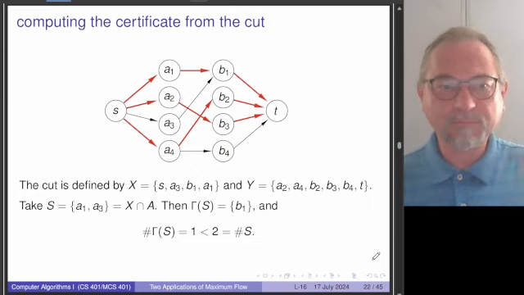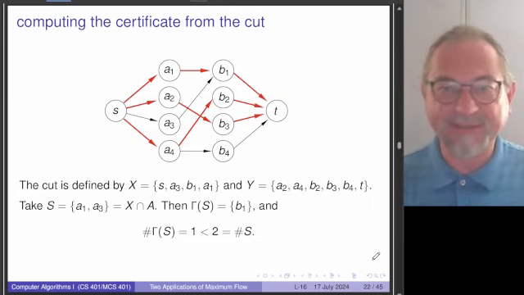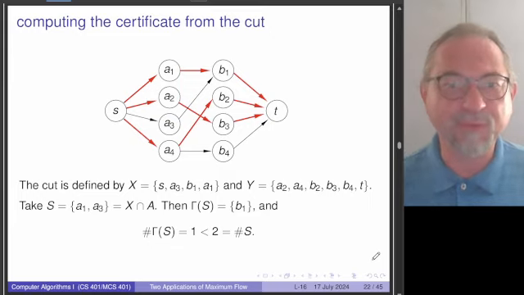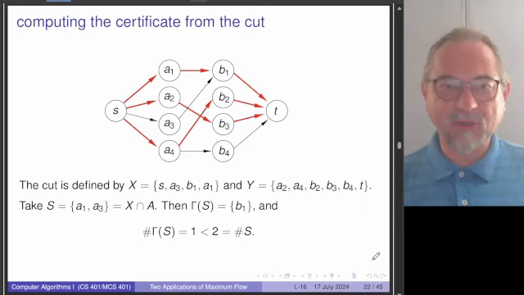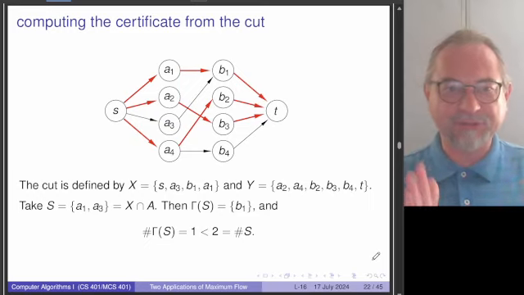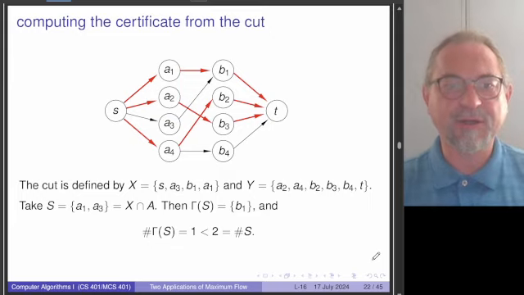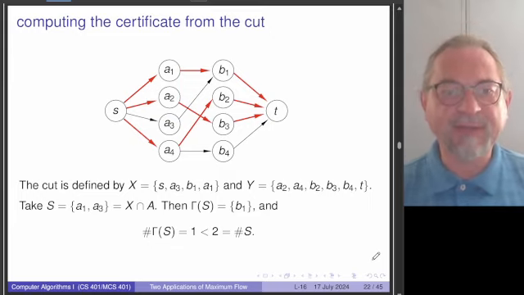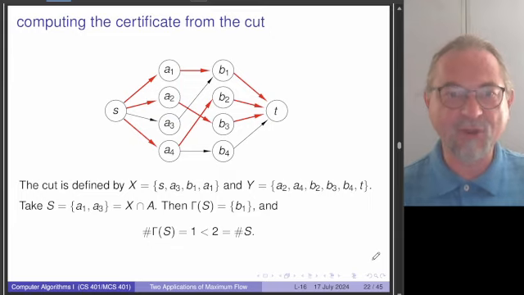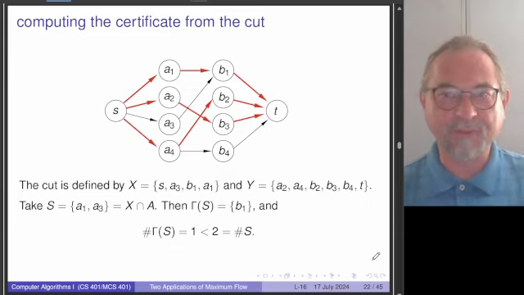So what do you do with this cut now? Actually, it's the first set X that's important. You don't really compute the Y. If you pick from the set X only the intersection with the first set A, thinking about the job assignment, only the workers that you select, then you get your certificate. This is the systematic computation on this example.